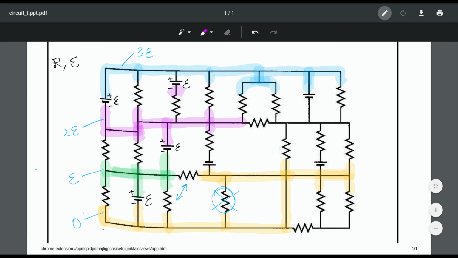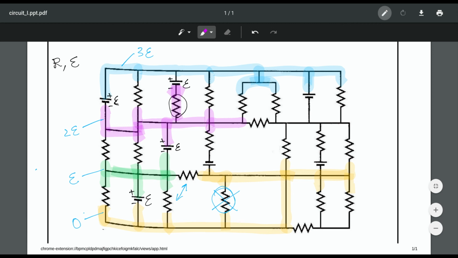So that tells me that little piece of wire right there should be purple. That should be at 2E. And what that shows me, furthermore, is that this resistor right here is not dissipating at all. If that resistor isn't dissipating, then the potential isn't changing, and I can just color this all purple through there.